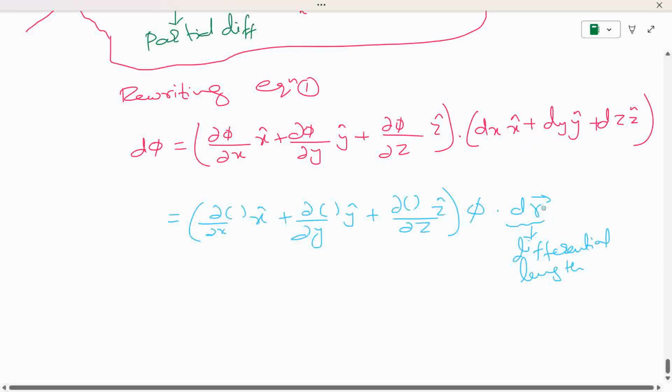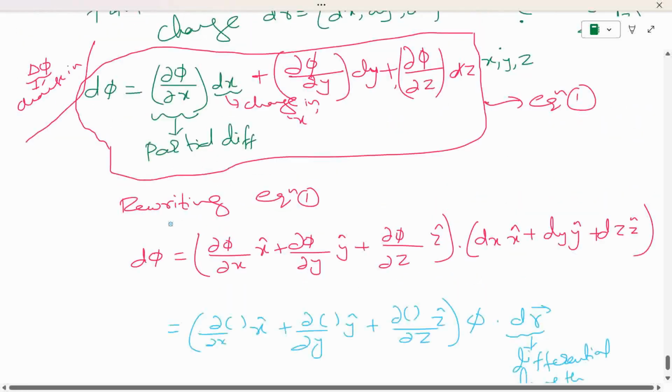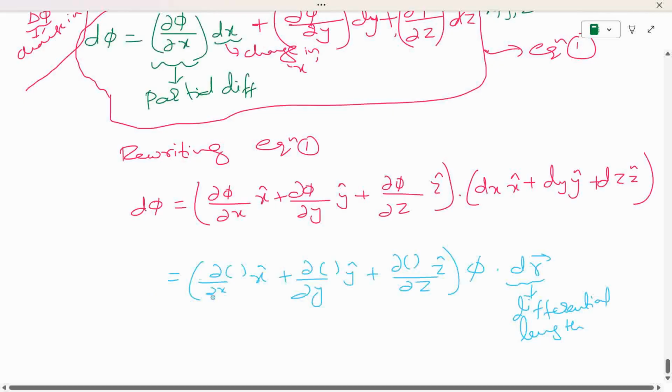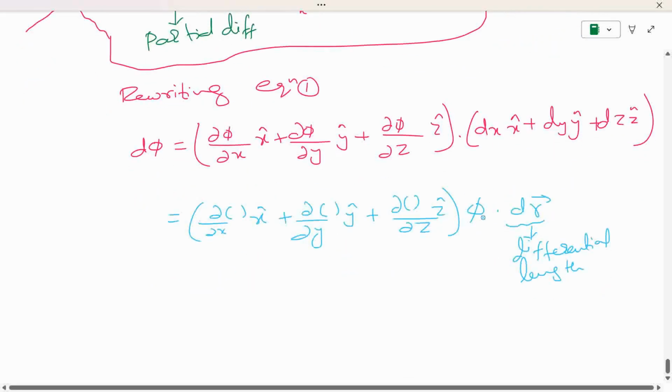You can put L here also, dl bar or dr bar, any letter you want. So this is the same as equation one, I'm just rewriting it.